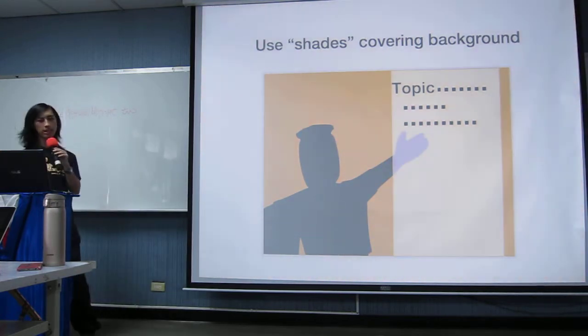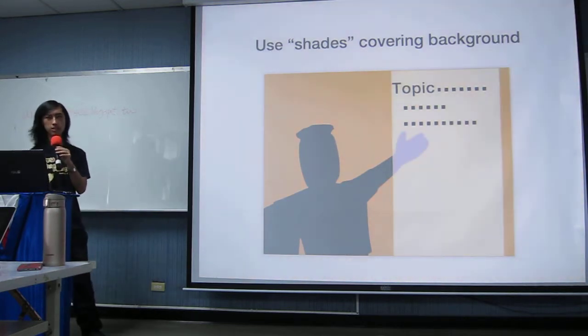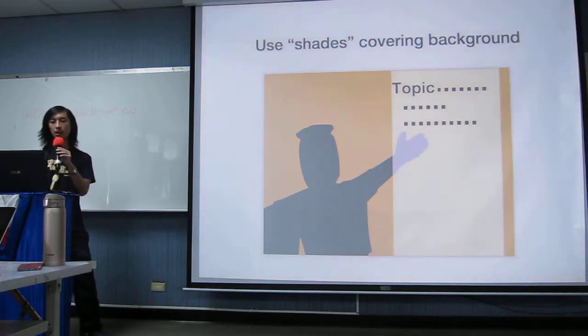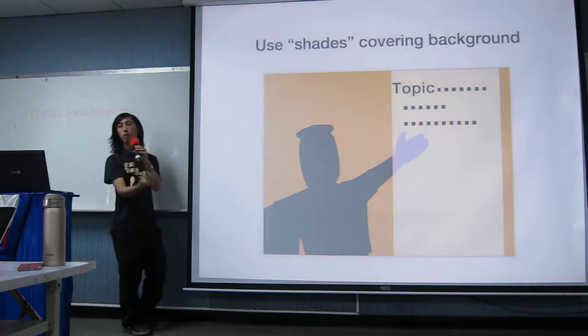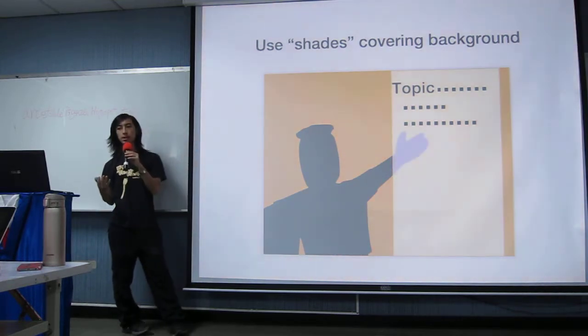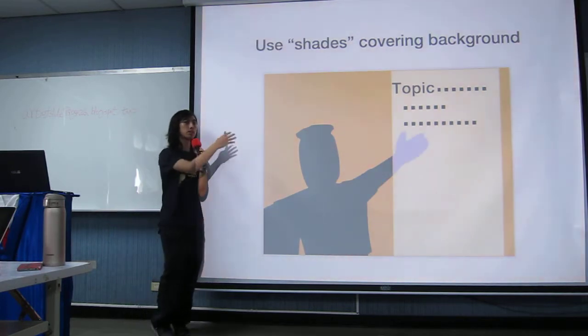This shade is actually a semi-transparent white rectangle, which is 半透明长方形. We use shades to cover the colorful backgrounds, and we put the words on the shade. So that's a way to deal with a colorful background when it's difficult for you to put words on it.